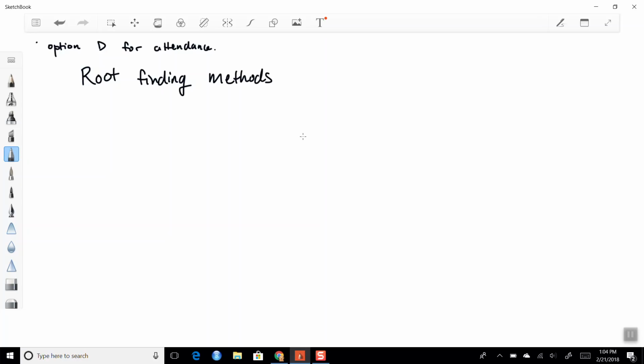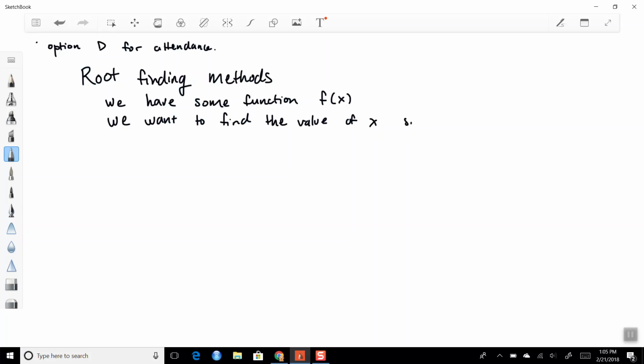The idea behind root finding methods is that we have some function f of x, and what we want is to find the value of x so that f of x is equal to 0.